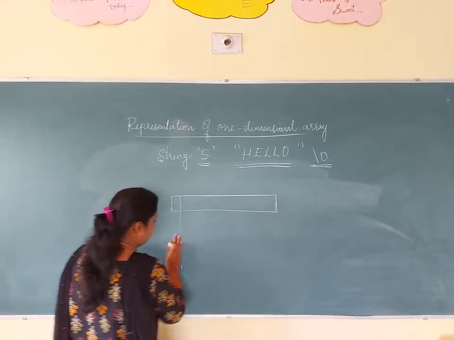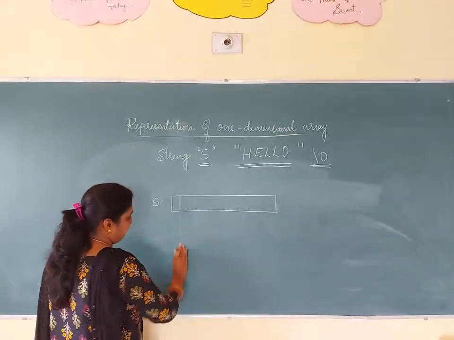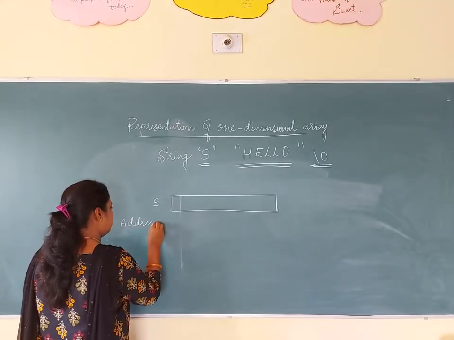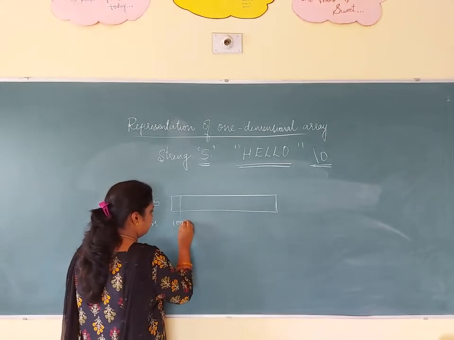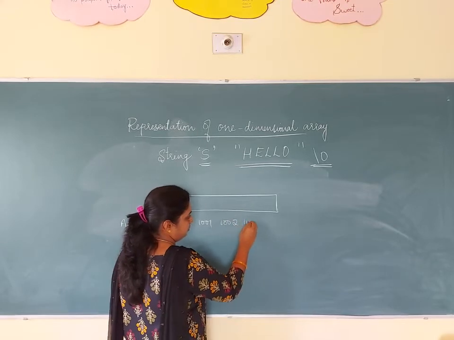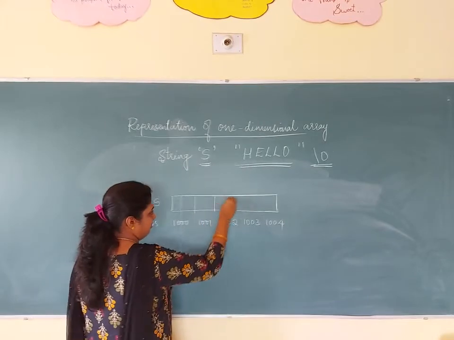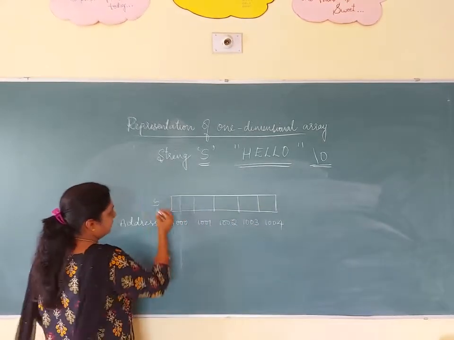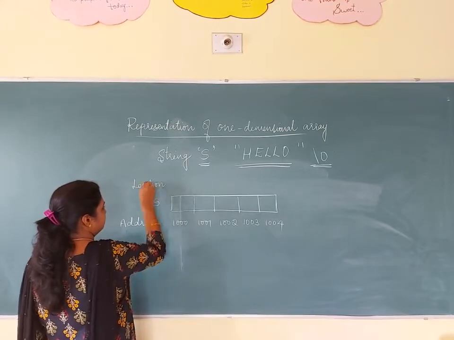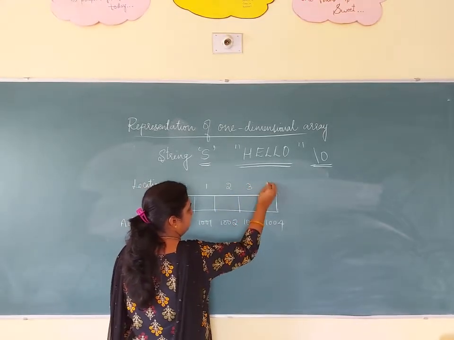This is my array and my array name is S. And I am passing some addresses, that is 1000, 1001, 1002, 1003, 1004. It starts from 0. And I am going to find the location, that is 0, 1, 2, 3, 4.